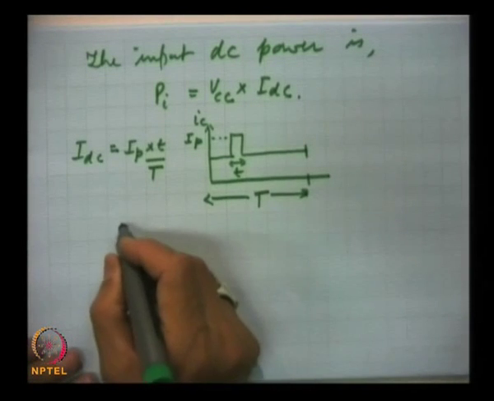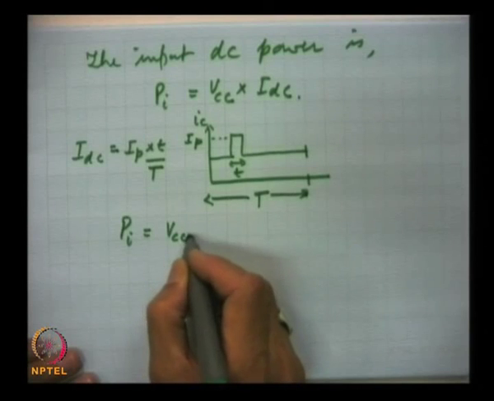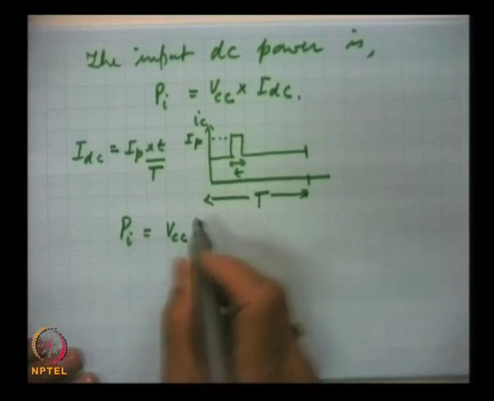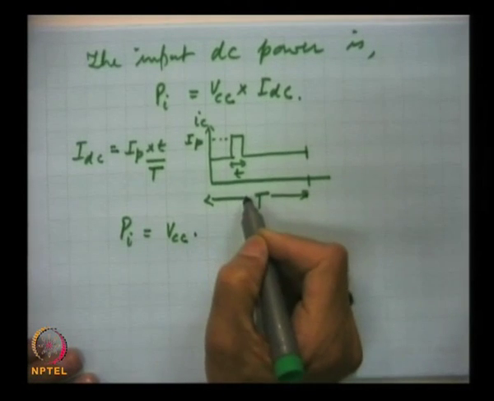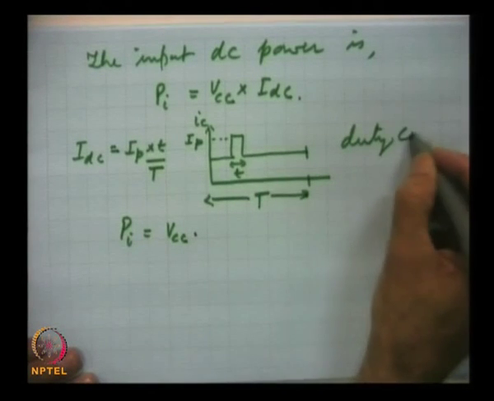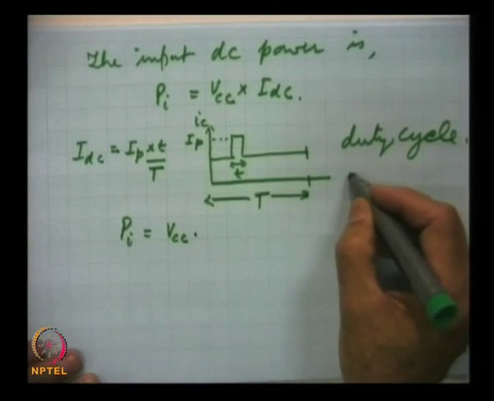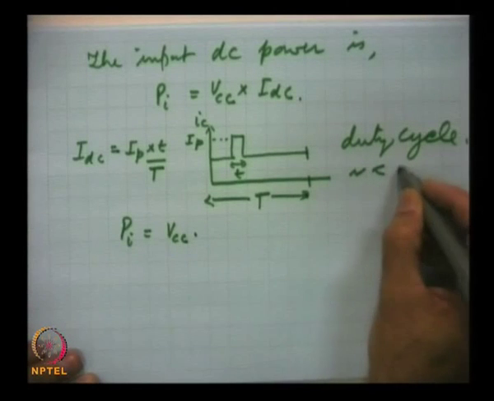So, P_I becomes V_DC into I_P t by T. This is actually many times talked about in terms of duty cycle, and for good, efficient operation, duty cycles are around or less than 10%.